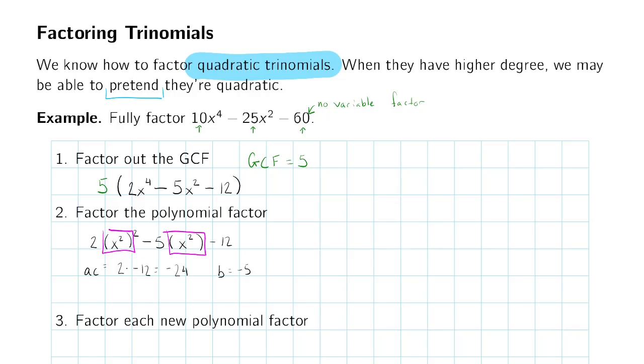A little bit of trial and error tells me that 3 times negative 8 gives me negative 24, and 3 plus negative 8 is negative 5. Now my leading coefficient here is not 1, so the two numbers that show up in the AC method will not be the numbers that show up in the factors. But I can factor by splitting up that middle term.